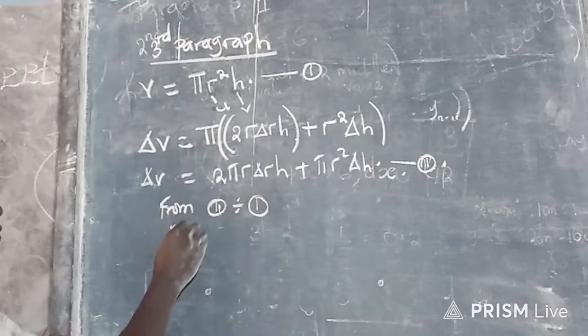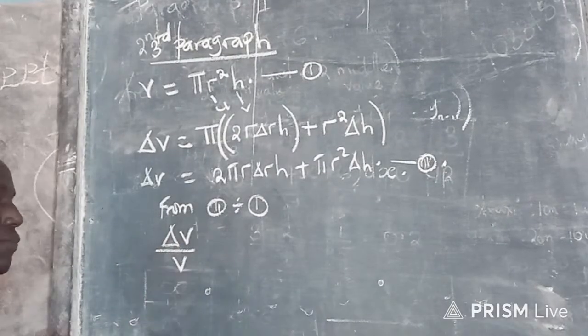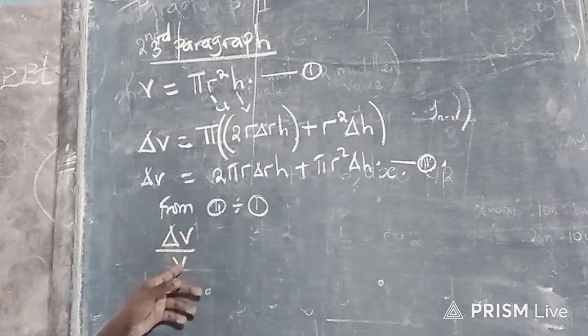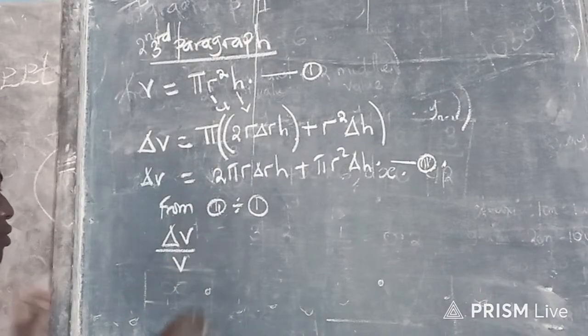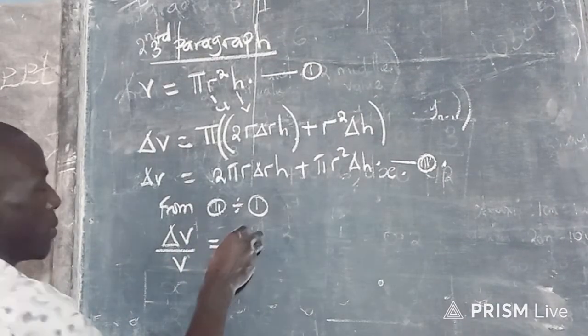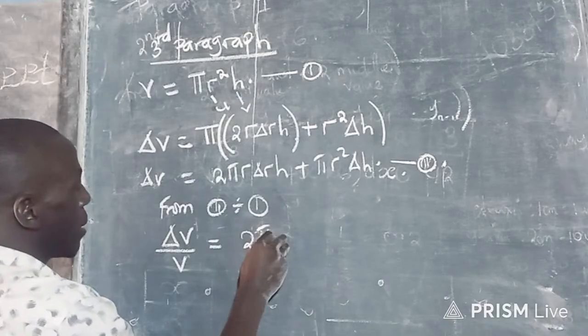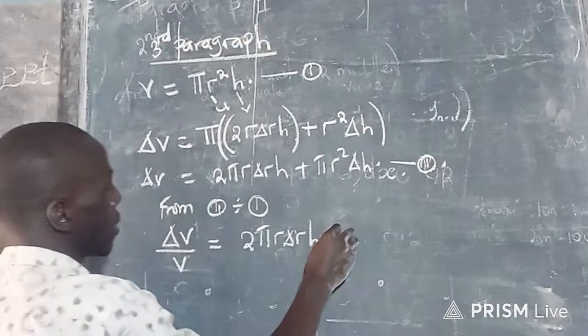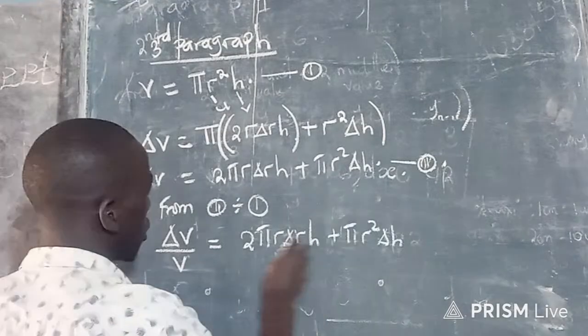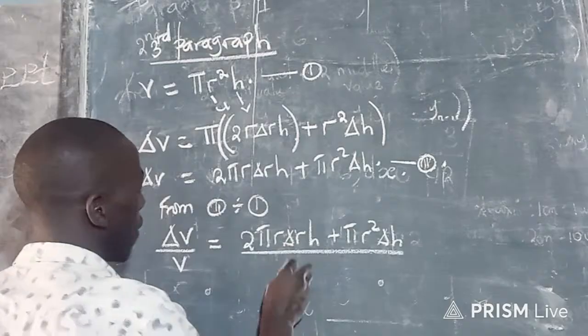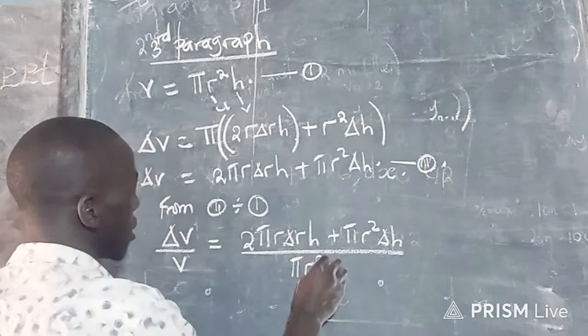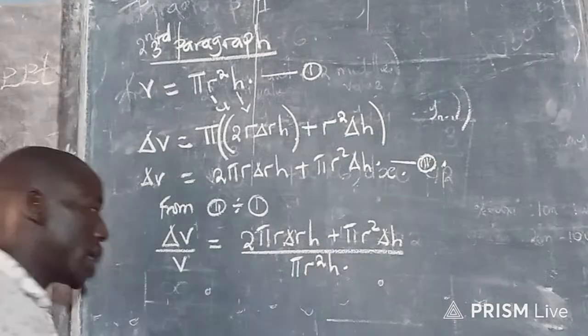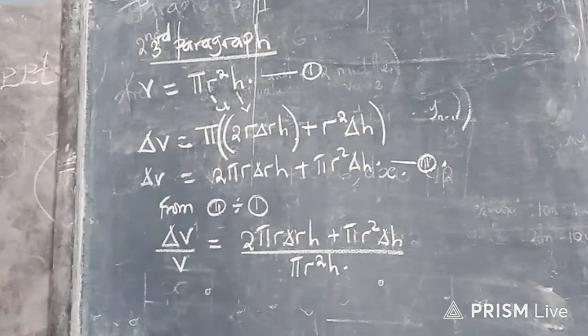Meaning that we are going to have the change in V over V. This one means that it is given as the change in volume. So the change in volume, let us look at how the expression is going to be. Get the pi r squared h, and then we also divide by the exact value, that was the pi r squared h.